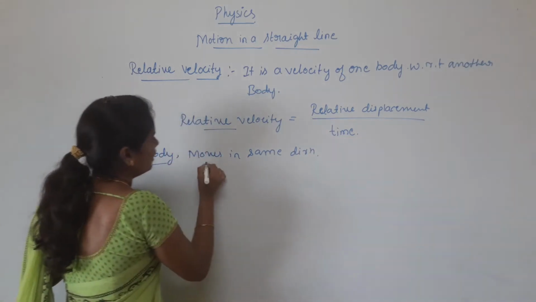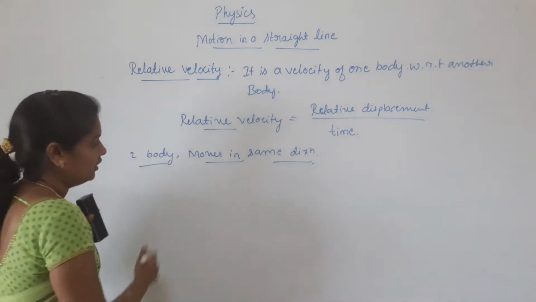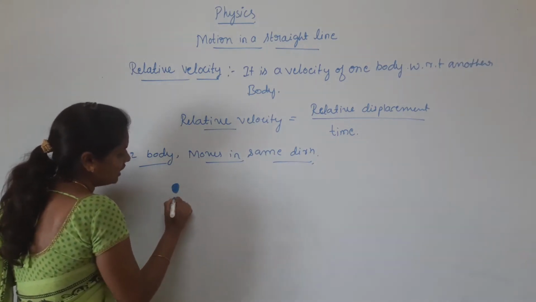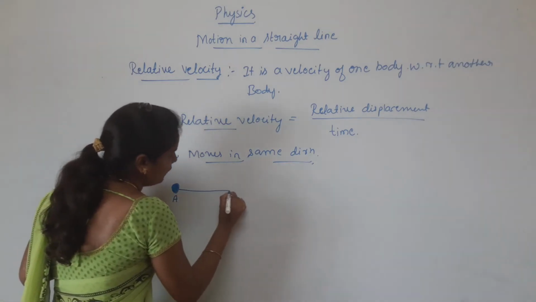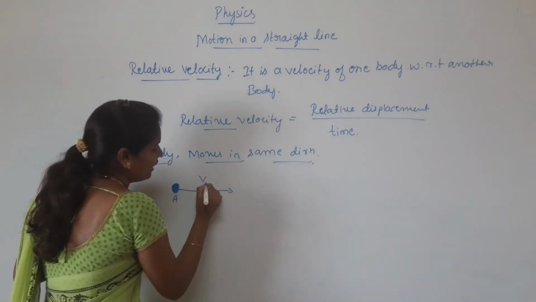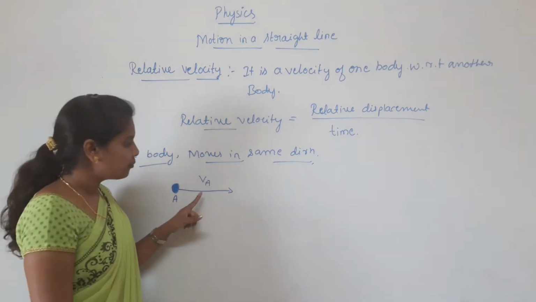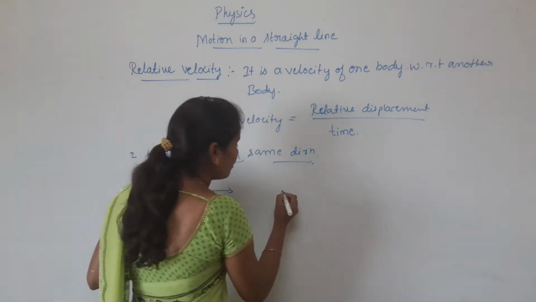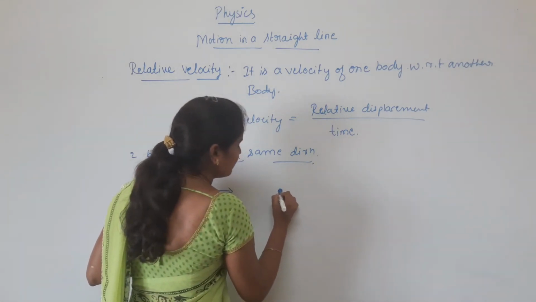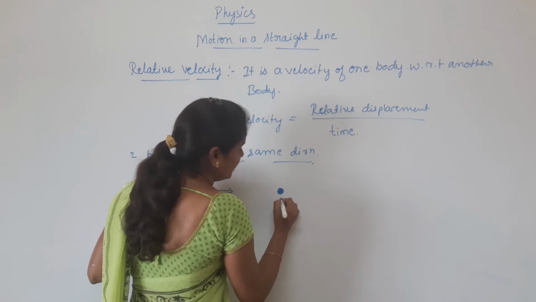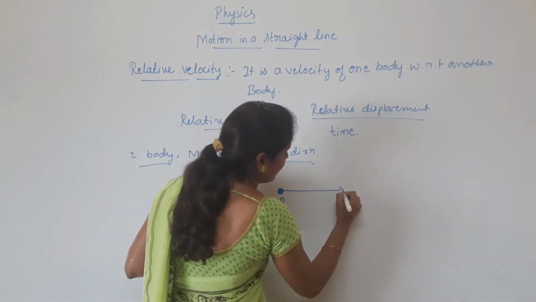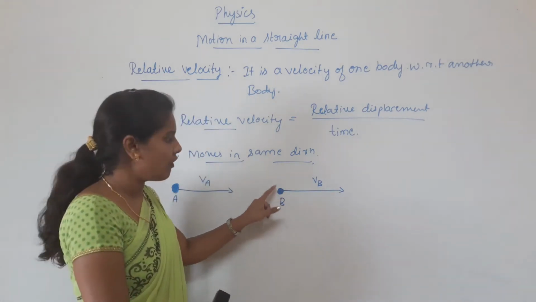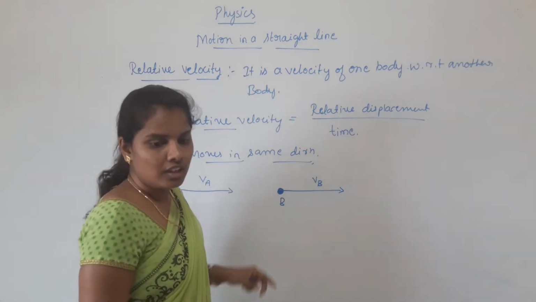Observe here, A is moving in the same direction. VA represents the velocity of body A, and the other one is B, moving with a velocity VB. VB stands for the velocity of body B.